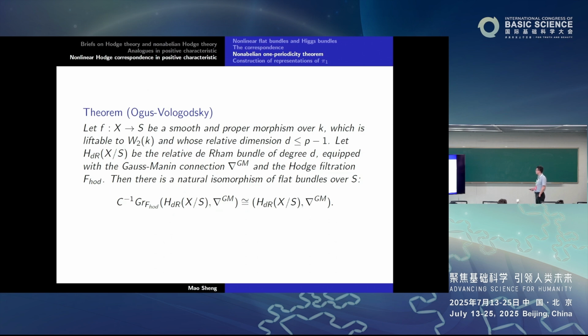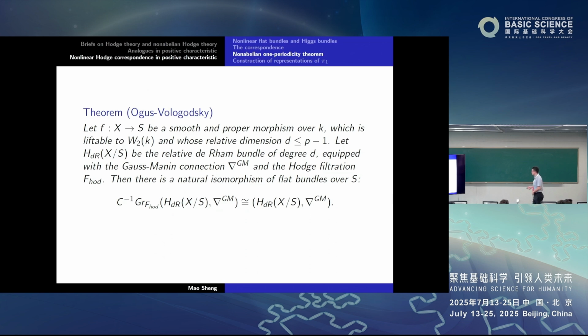Now, I want to say some application. Let me recall the theorem of Ogus-Vologodsky. They proved the following one-periodicity, but the formulation is different. I reformulate it in a way like this, and this is also in a way proved by Deligne-Illusie.